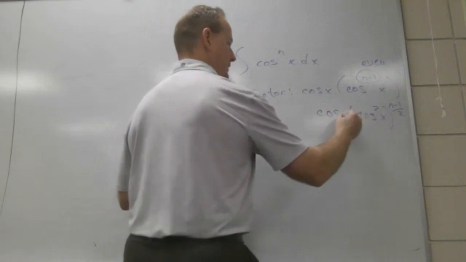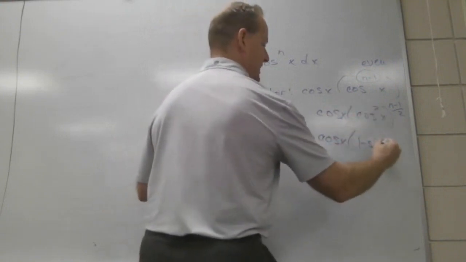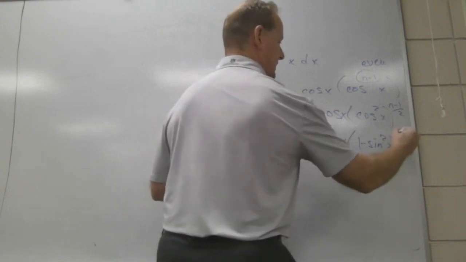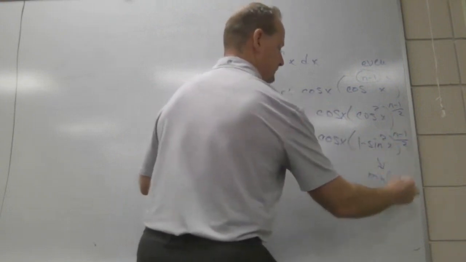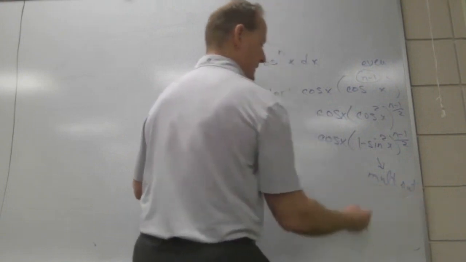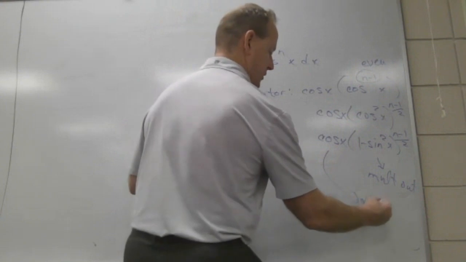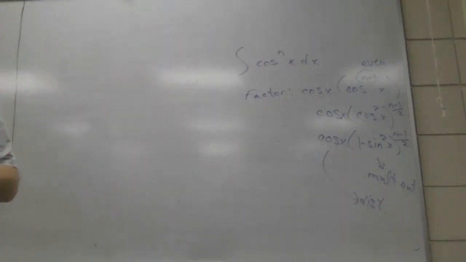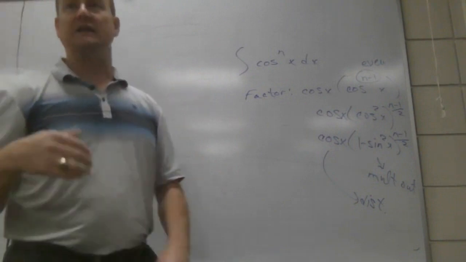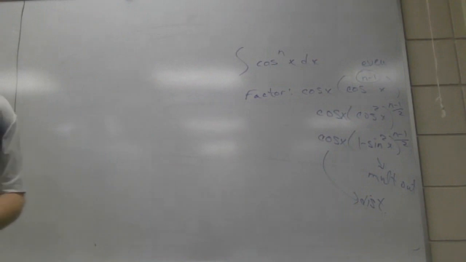Then we rewrite cosine squared as 1 minus sine squared x, to the n minus 1 over 2. Then we multiply out and distribute the cosine through there. So it's the same process we just did. That is how you do a trig integral when you have sine or cosine raised to an odd power bigger than 1.